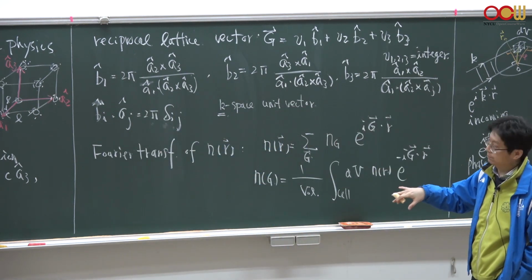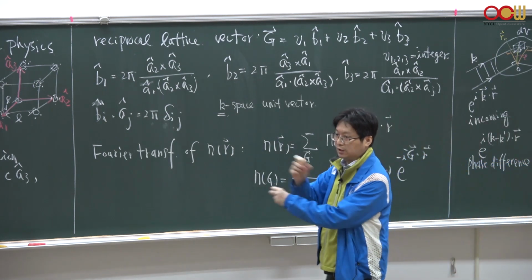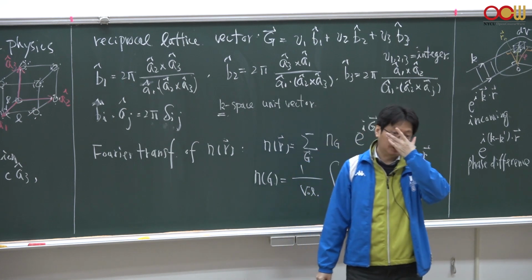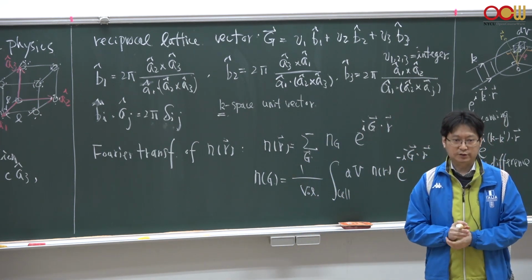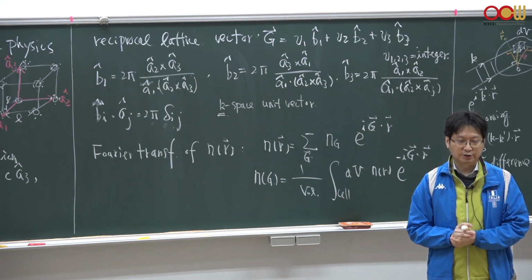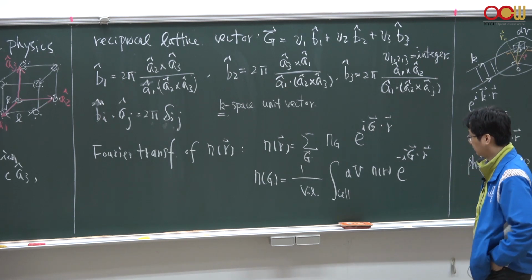And another important meaning of this reciprocal lies in the fact that they are related by a Fourier transformation, because the real space function can be converted by a Fourier transformation to the k-space representation of the same function.